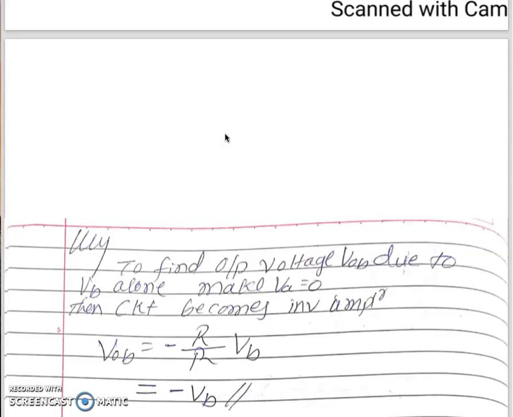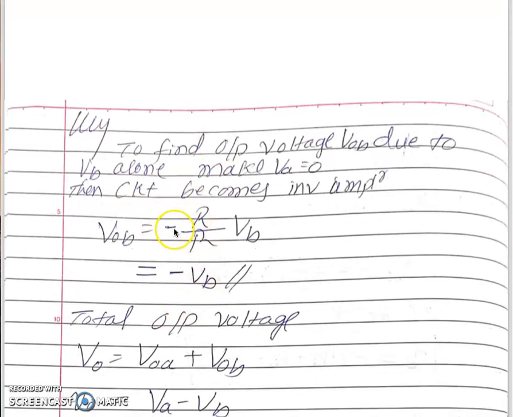And what is the output in inverting amplifier mode? It is minus RF divided by RI into the input voltage VB. Both of them are equal to R, so they cancel and we are left with minus VB. So we have VOB as minus VB.